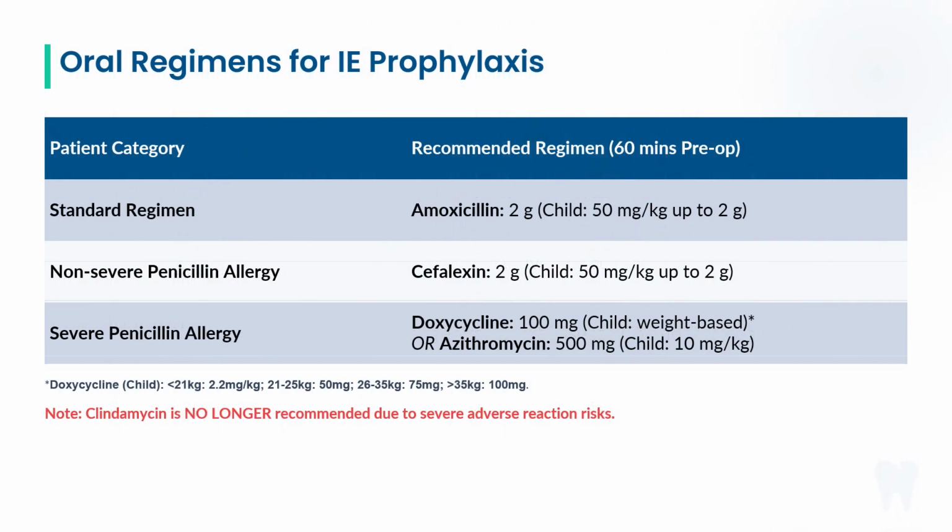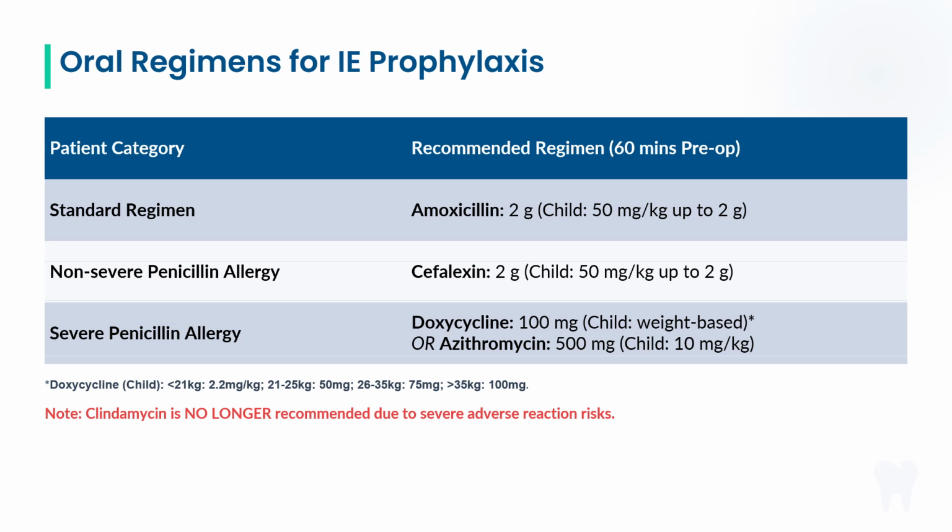Okay. Now, coming to the dosages, pretty much the same as the previous therapeutic guidelines. Standard procedure: amoxicillin 2 grams, and for a child 50 milligrams per kg body weight, up to a maximum of 2 grams.